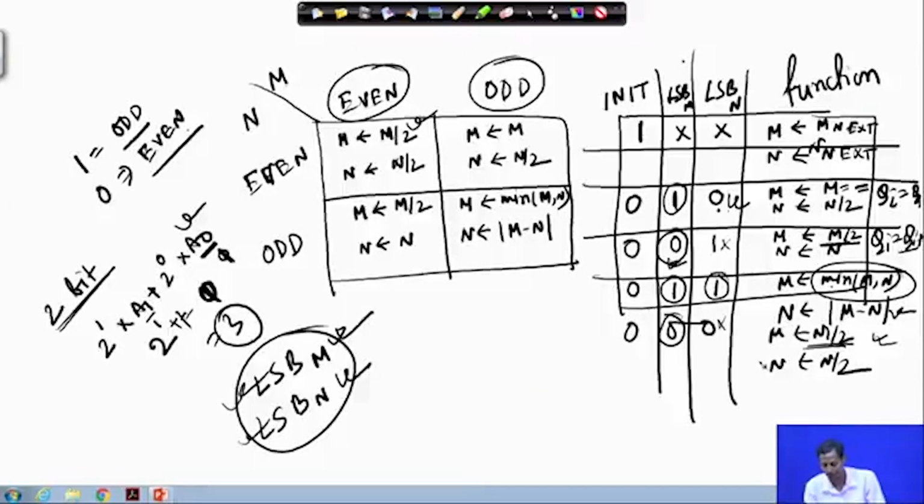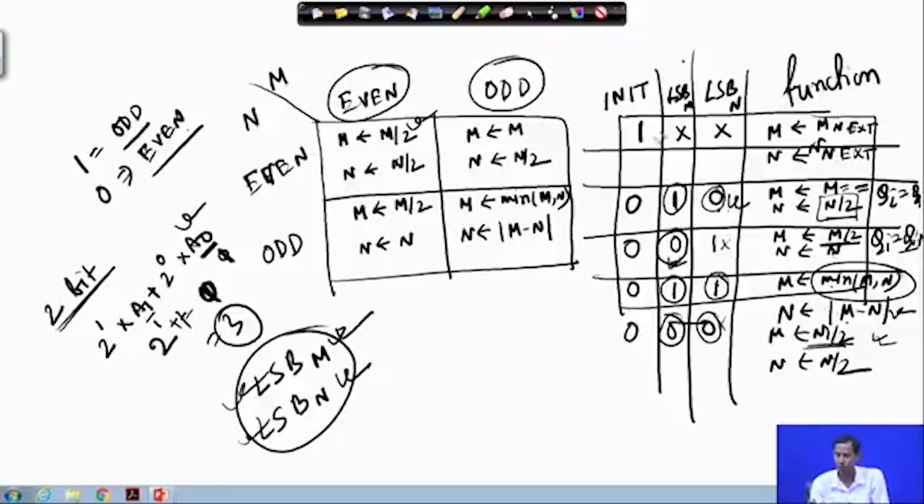The same thing happens for the LSB of n. Whenever this is 0 and this is 0, it does the same thing, that means it is n by 2. Whenever this is 1, at that time this changes, that means from 1 of m, this is the minimum of mod of m minus n, and for 0 that is n.